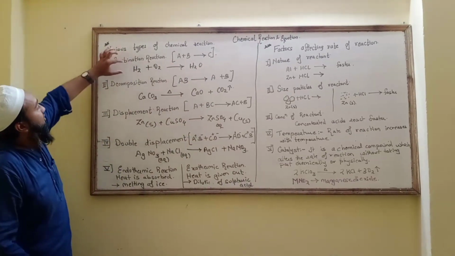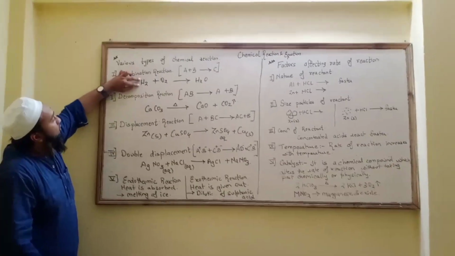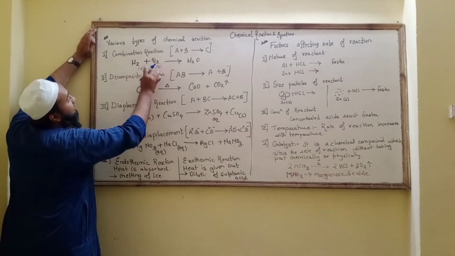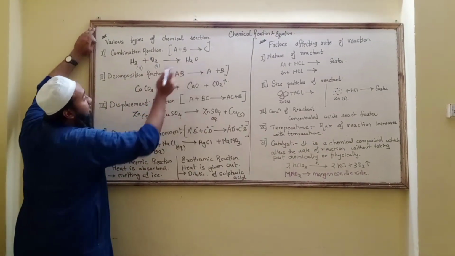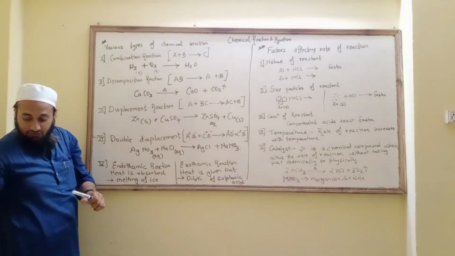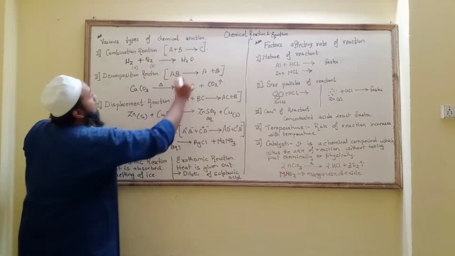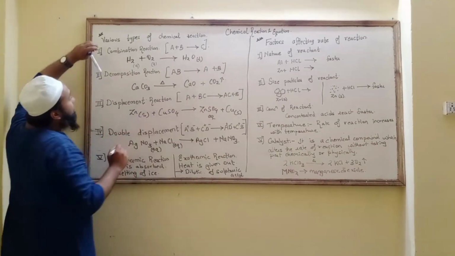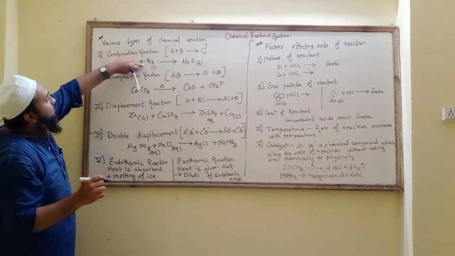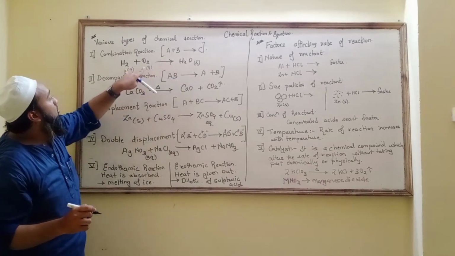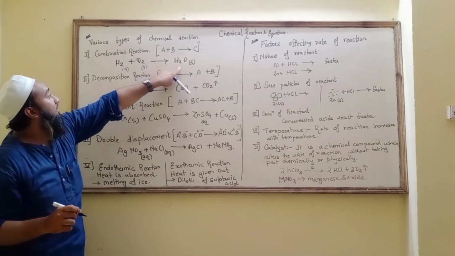A very simple example is hydrogen gas and oxygen gas coming together to form water, which is a liquid. So A plus B gives one compound, C. There are two reactants and one product.